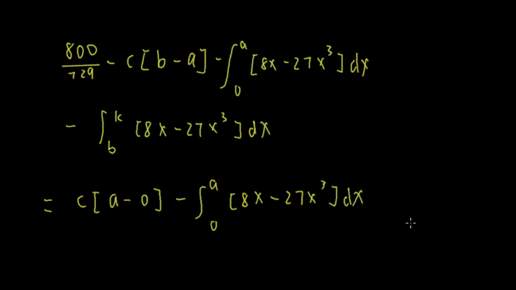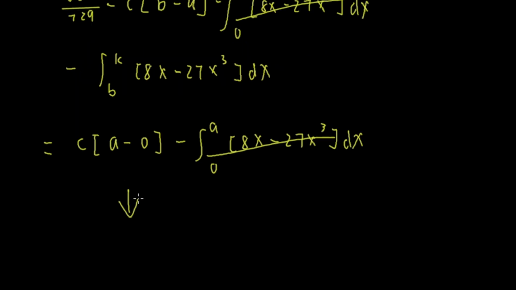Okay, like this. But as you can see, this side has subtract the integral from 0 to a of the cubic function, and the other side also subtracts the integral from 0 to a of the cubic function. So this and this cancel out. What I have left is this.